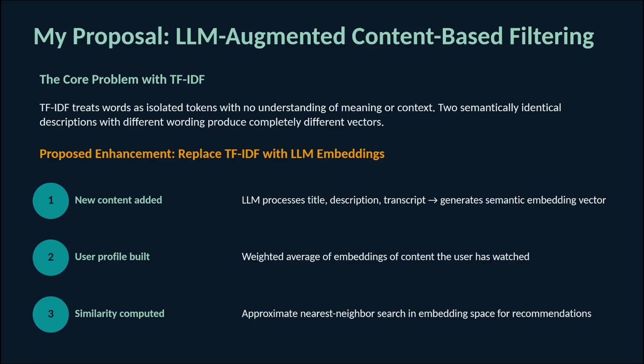My proposal is to replace TF-IDF with embeddings generated by a large language model. The workflow stays much the same. When new content is added, the LLM processes its description and generates a semantic embedding vector. User profiles are built from averages of those vectors, and then recommendations come from finding the closest items in that embedding space.